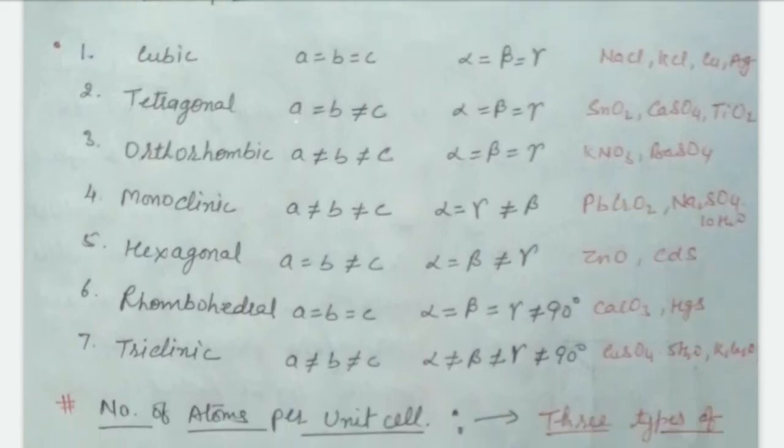In cubic, the three axes a, b, c are a equals b and b equals c, and also the three angles alpha equals beta and beta equals gamma. NaCl and KCl are common examples of the cubic lattice. Tetragonal: in tetragonal, a equals b but not equal to c, and the angles alpha equals beta equals gamma.